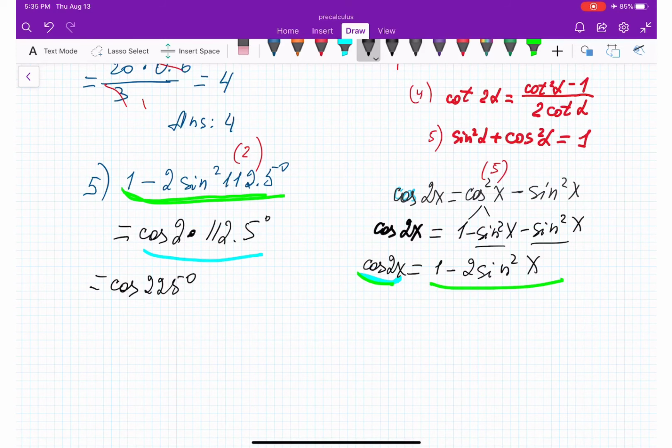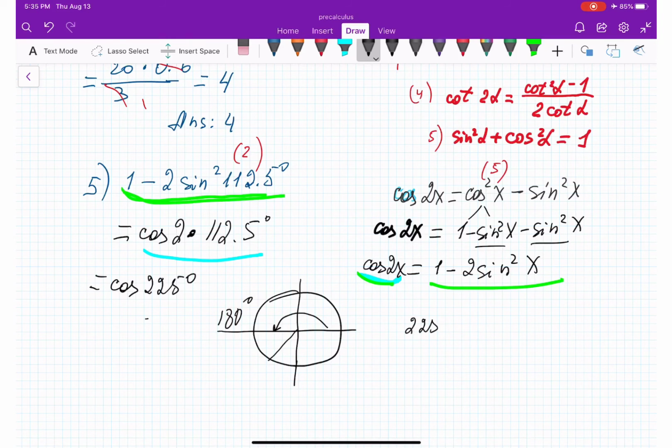All right, I'm drawing the unit circle. 225 is going to be somewhere here, right? In the third one. Why? Because this is 180 degrees, correct? And 225 minus 180 degrees, it's going to be 45.